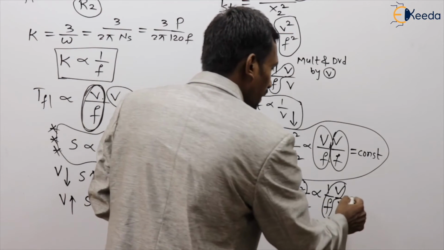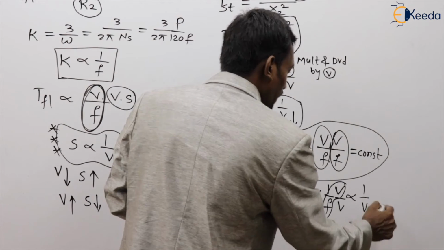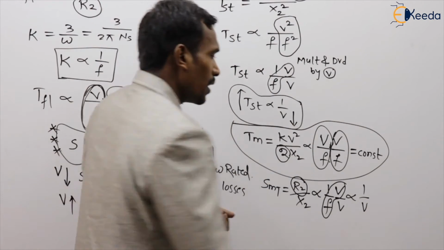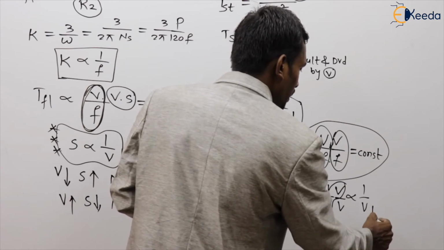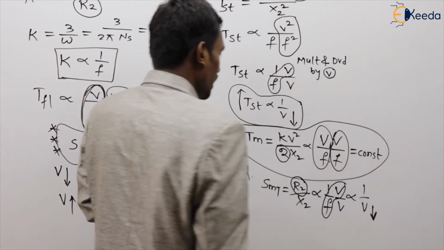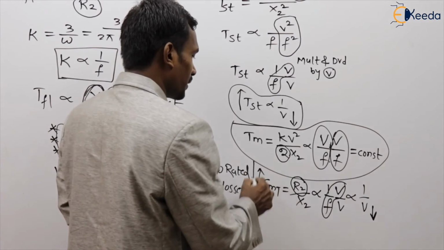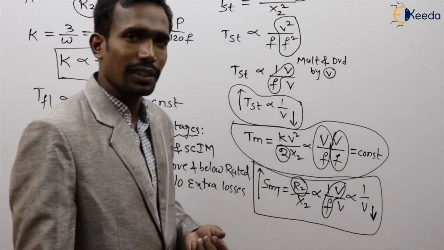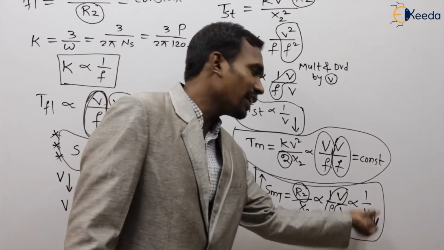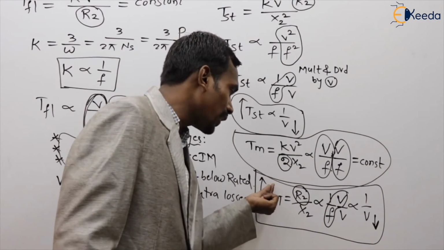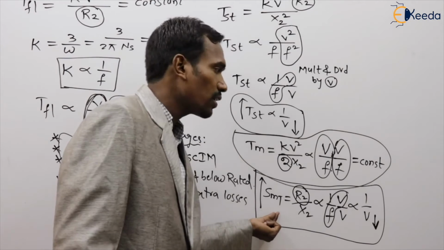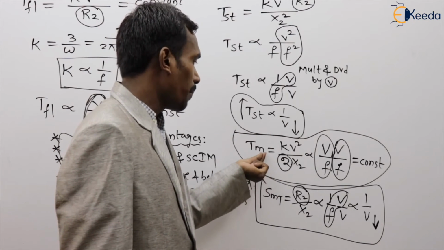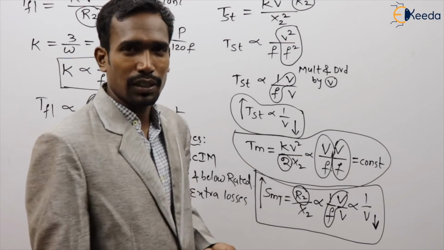So the slip at maximum torque is inversely proportional to V. If voltage reduces, the slip at maximum torque increases. If voltage increases, slip at maximum torque reduces. These are the 3 points: starting torque, maximum torque, slip at maximum torque.